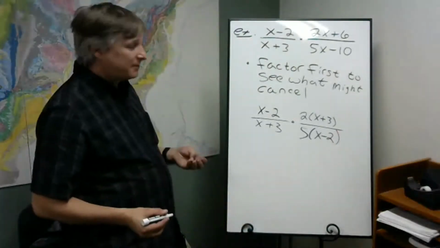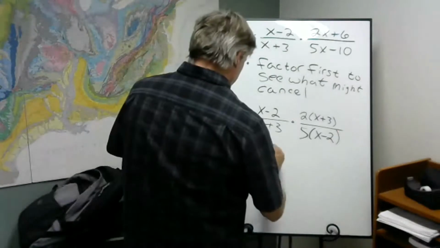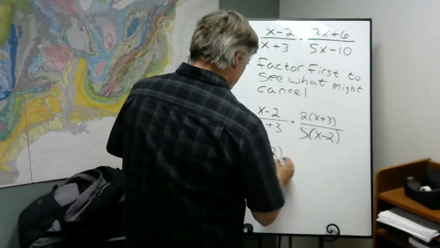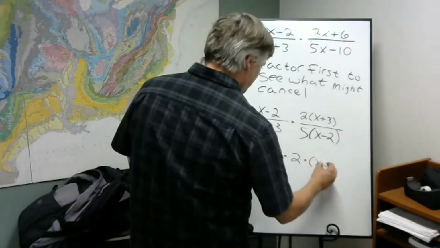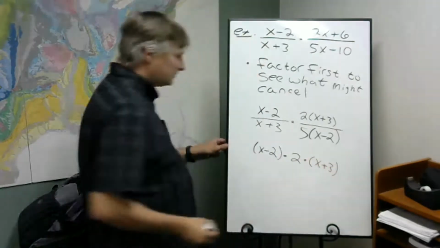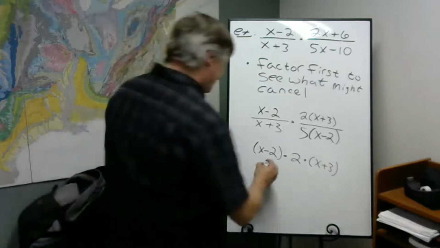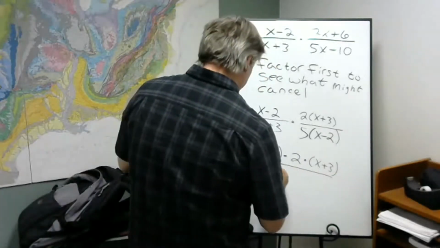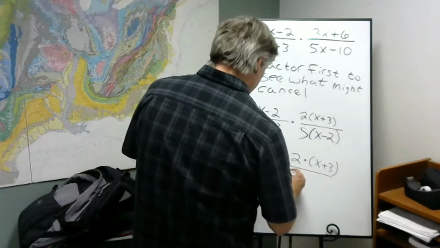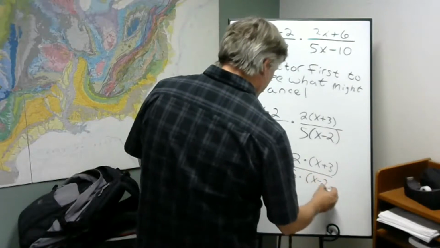So as we multiply things together, this is what it's going to look like. X minus 2 times 2 times x plus 3. So that's going to be the top. Now on the bottom, x plus 3 times 5 times x minus 2.